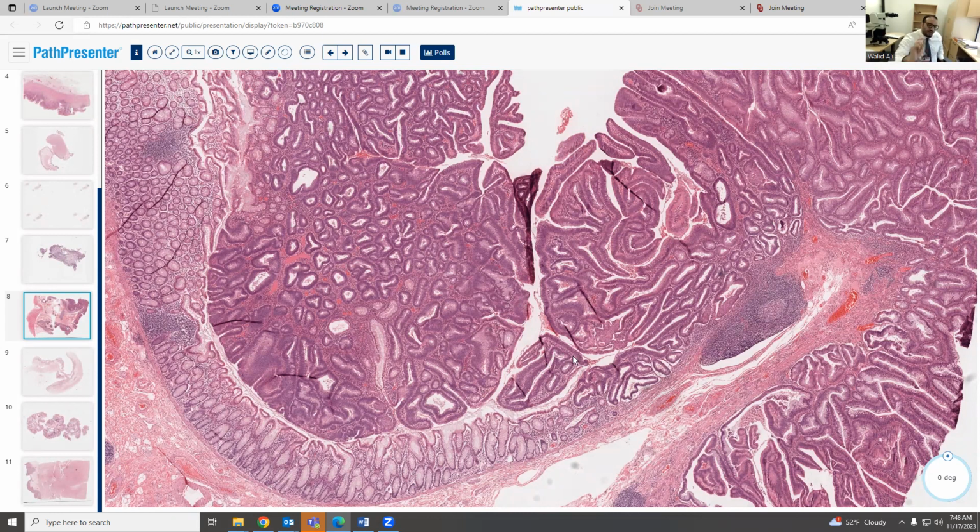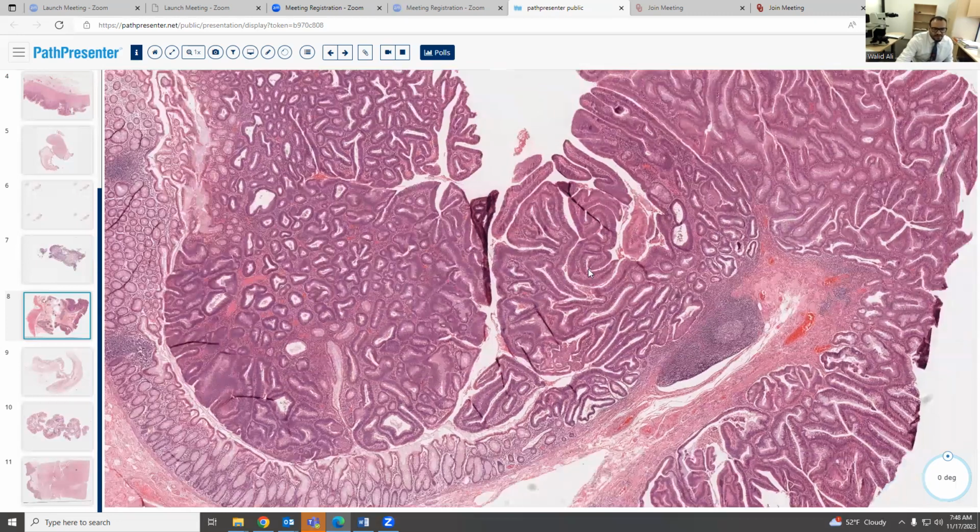However, villous adenoma usually has a worse prognosis than tubulovillous. So the best prognosis is tubular adenoma. You go in this order: tubular adenoma has the best prognosis, then tubulovillous has a worse prognosis, and then villous has the worst prognosis among those three.